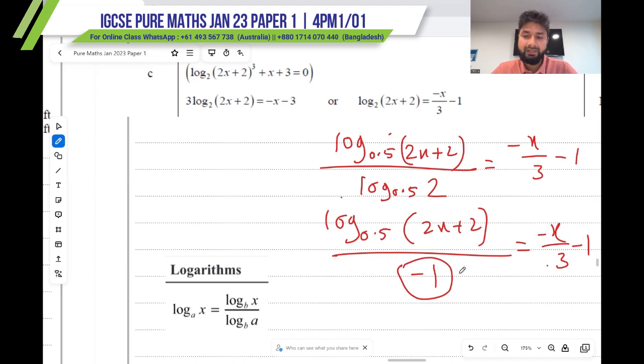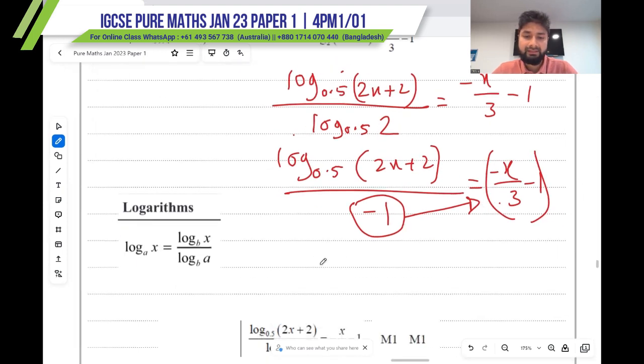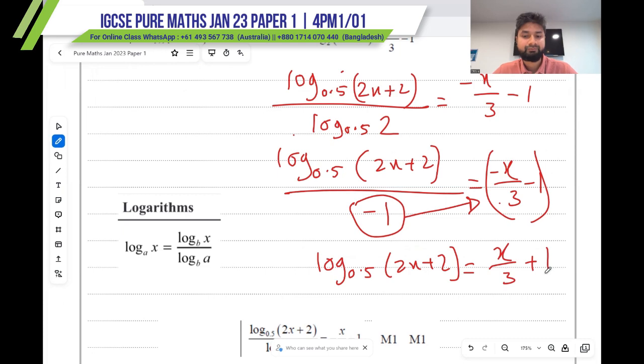Now, if I transfer this -1 to the other side, it will multiply with whatever we have on the right hand side. So in the next step, we can write log base 0.5 of (2x + 2) equals, the sign will change as we are multiplying everything with -1, so it becomes x/3 + 1.